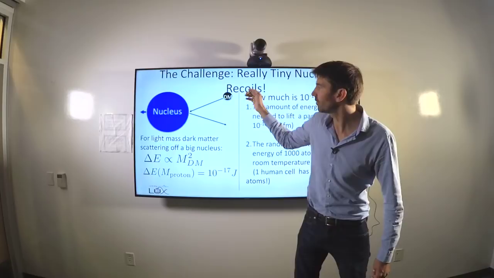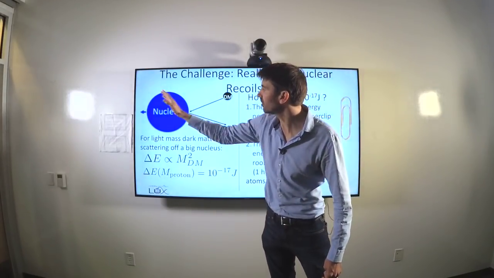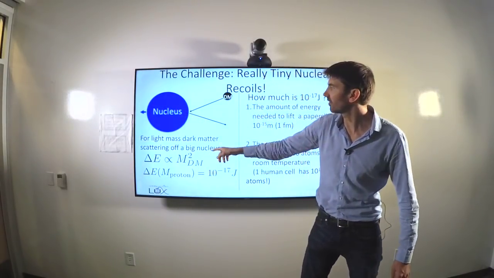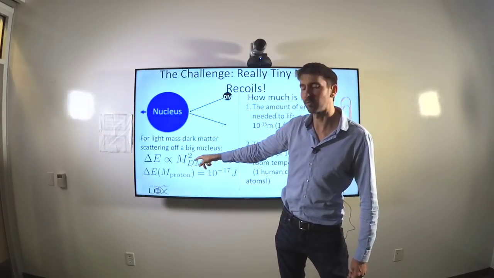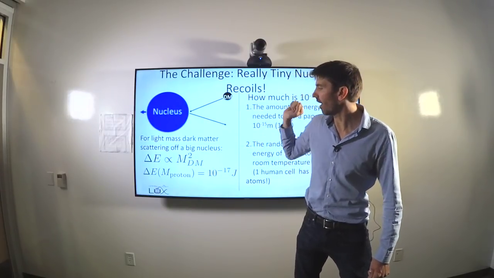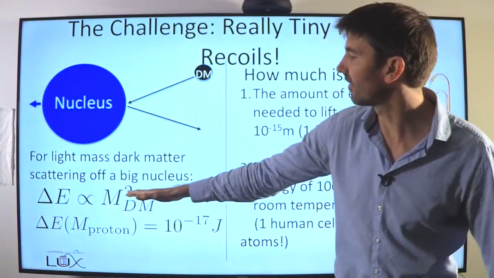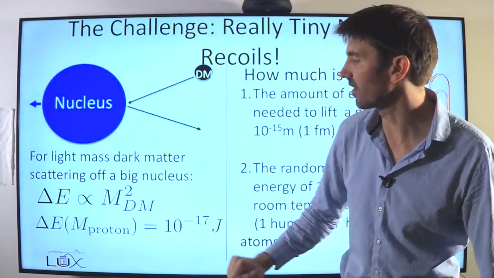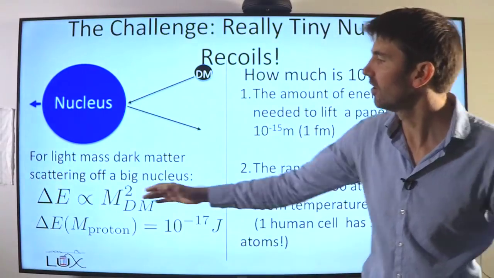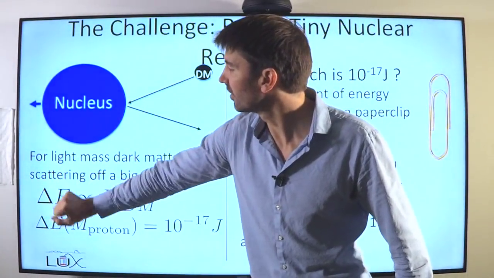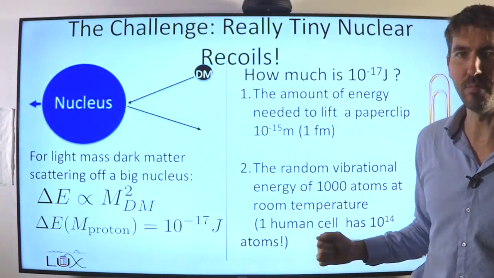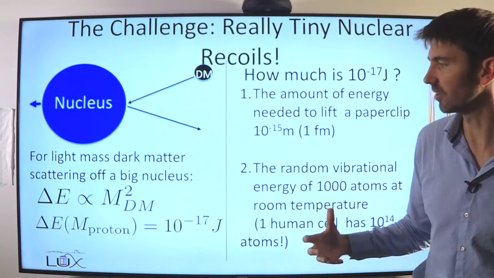And it turns out that the vibrational energy given to the nucleus scales as the dark matter mass squared. So if you have a large dark matter candidate like LZ is looking for, you're going to have a small but currently measurable amount of energy that you can look at.